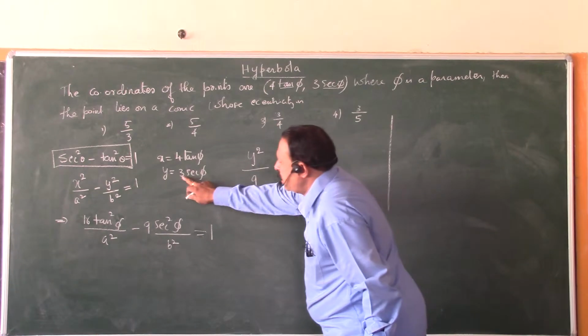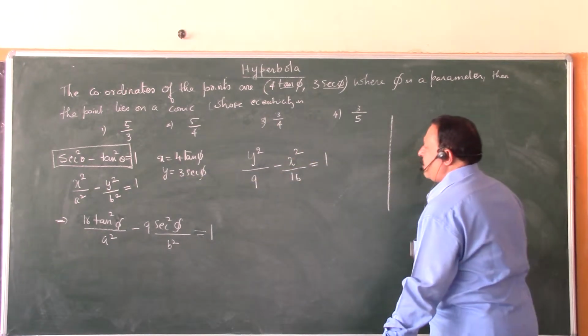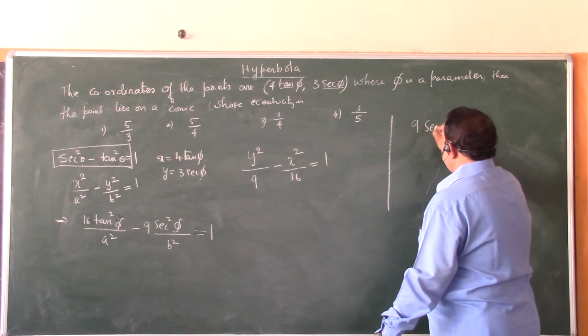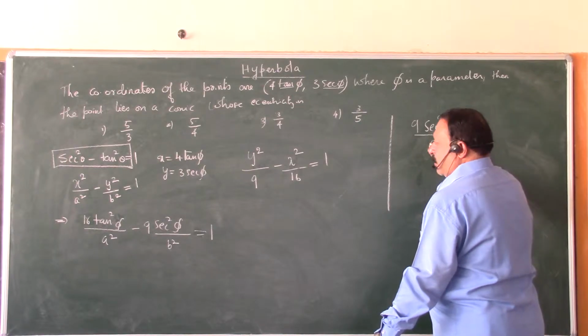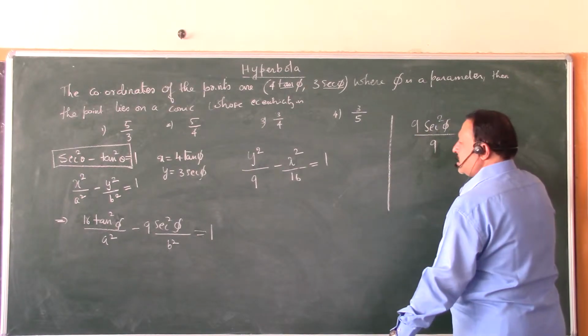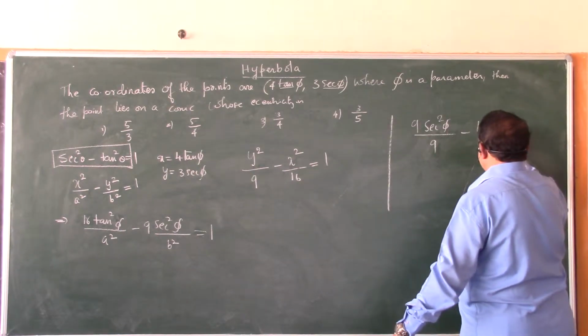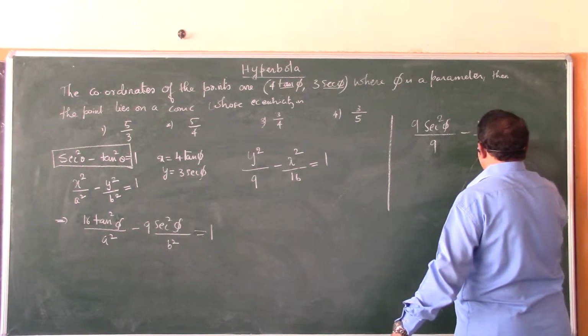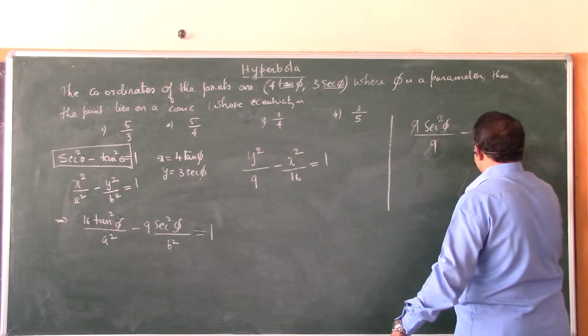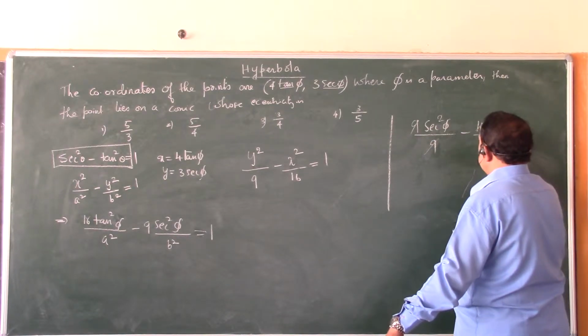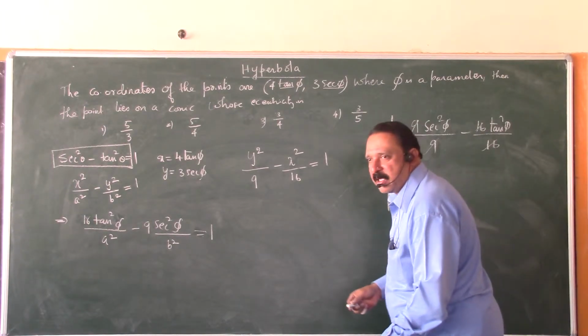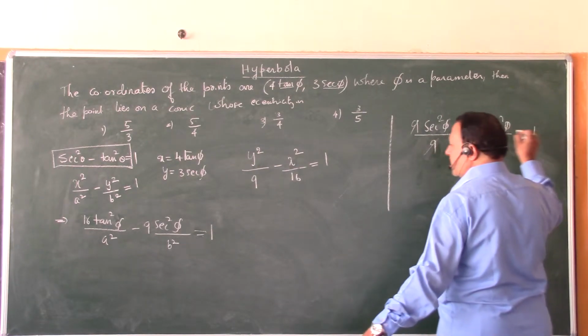So if I put y as 3 secant phi, then y square is 9 secant square phi divided by 9 minus 16 tan square phi divided by 16. 9 and 9 cancel, 16 and 16 cancel. And what is secant square theta minus tan square theta? Secant square phi minus tan square phi, which is equal to 1.